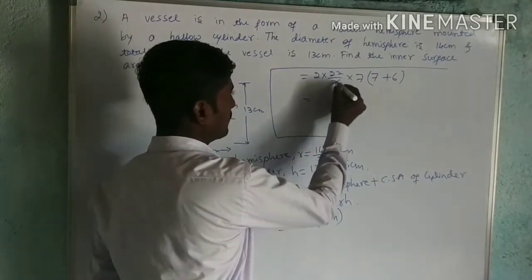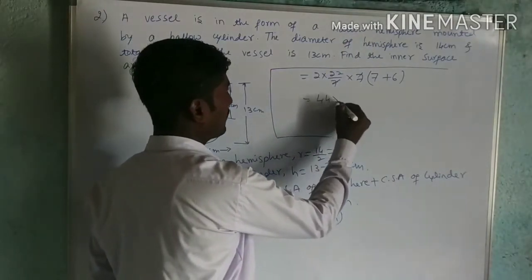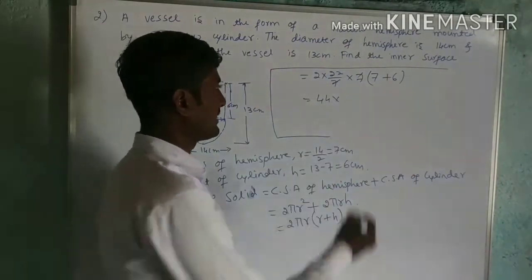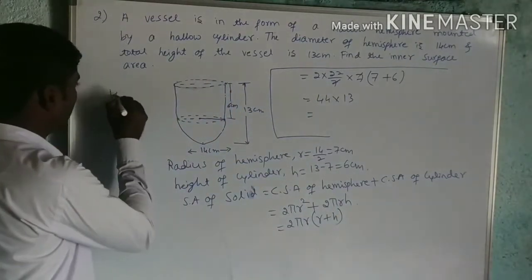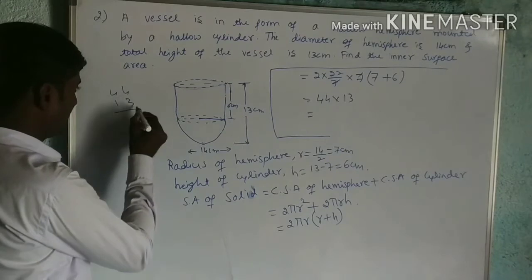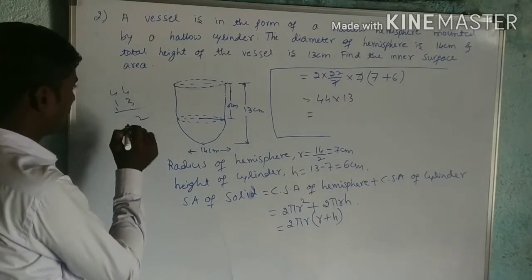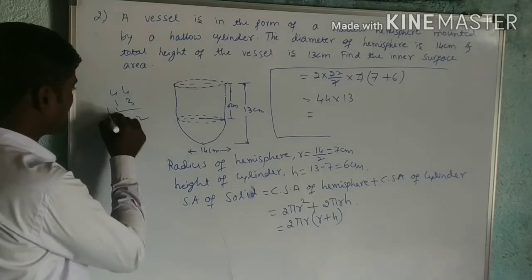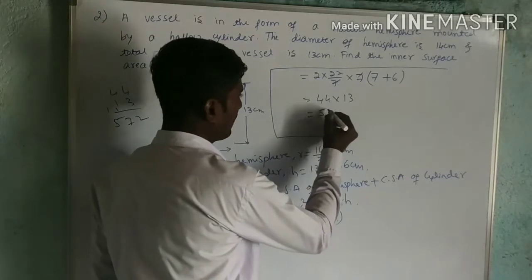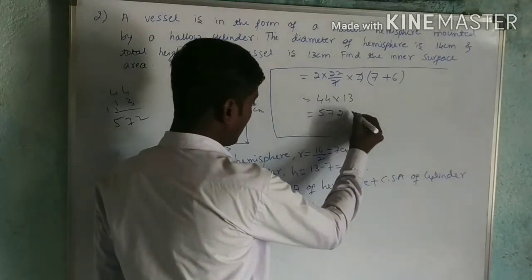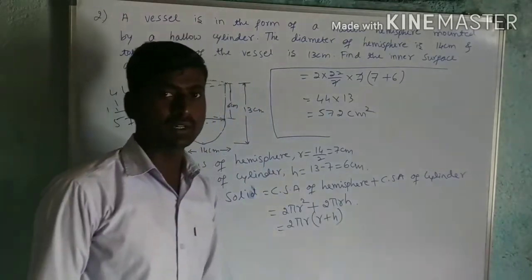Now the 7s cancel. 22 twos are 44, into 7 plus 6, 13. So this is equal to 44 into 13. How much? 44 into 13. 4 threes are 12. 12 plus 4 is 16, 17. 4 plus 1, 572. So this is 572 centimeter square.